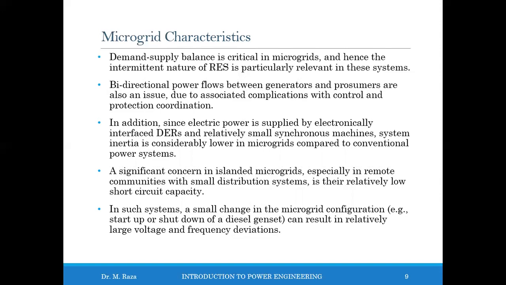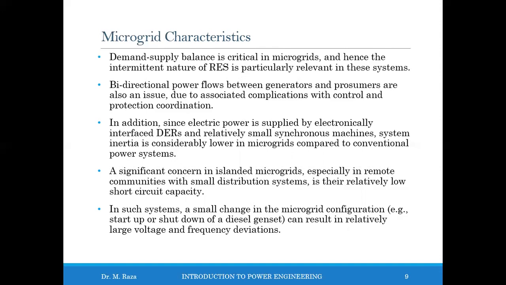In addition, since electrical power is supplied by electronically interfaced distributed energy resources and relatively small synchronous machines, system inertia is considerably lower in microgrid compared to conventional power system. A significant concern in microgrids, especially in remote communities with small distribution system, is their relatively low short circuit capacity.